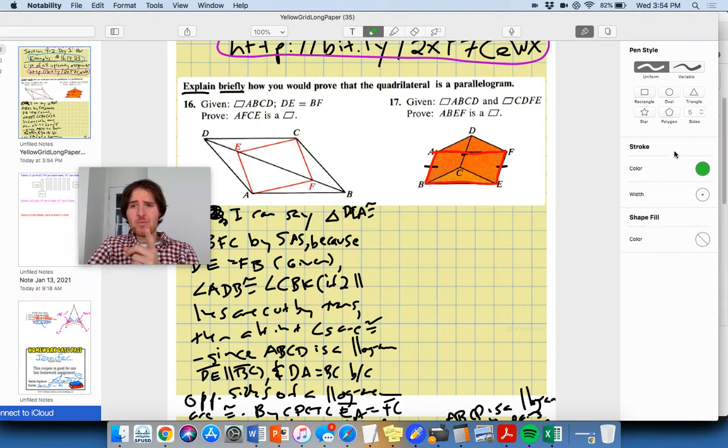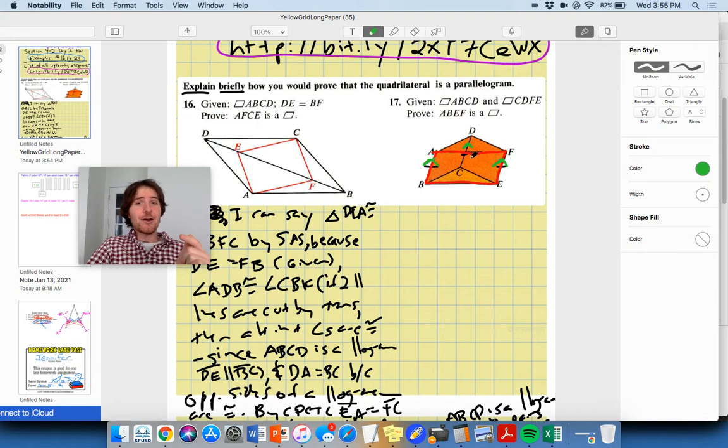So check it out. Maybe do green for parallel. This here, AB, is parallel to DC, right? But DC is parallel to FE, because that's the definition of parallelogram. So I would say that is parallel to that. I would also say that is parallel to that, because these are parallelograms in the back here.